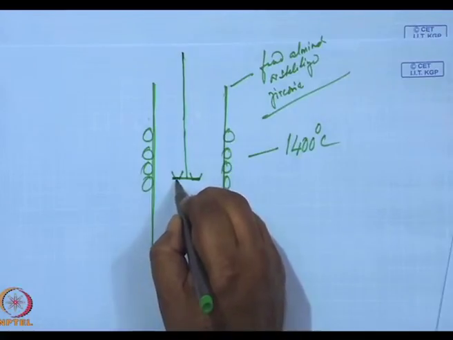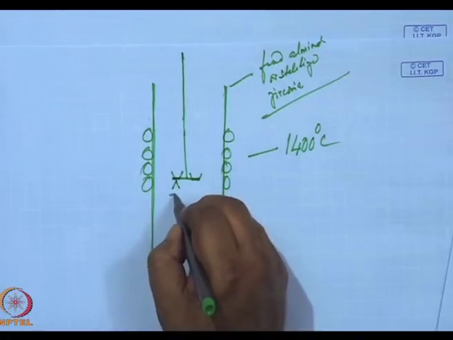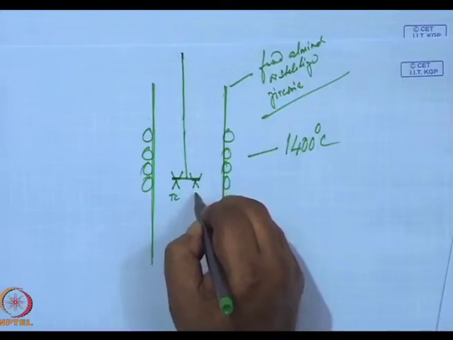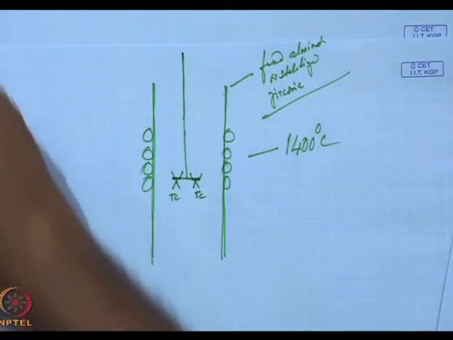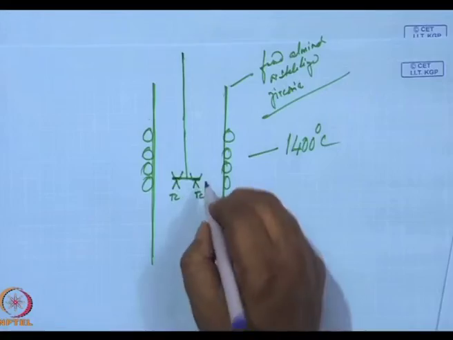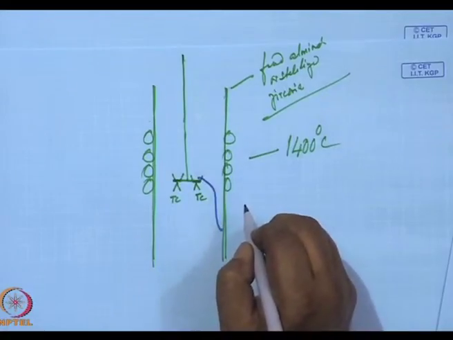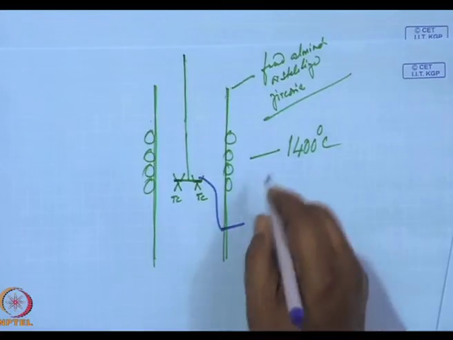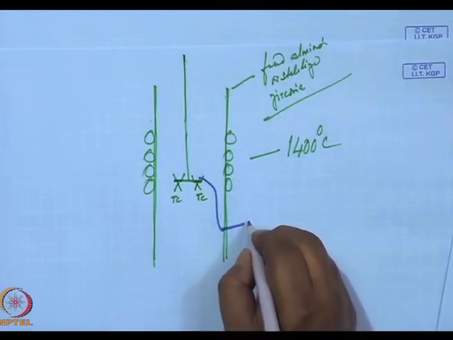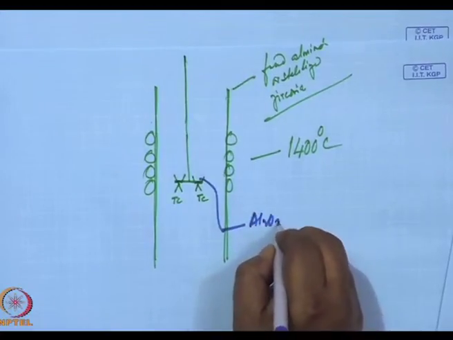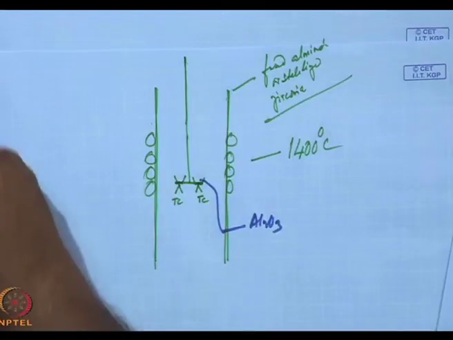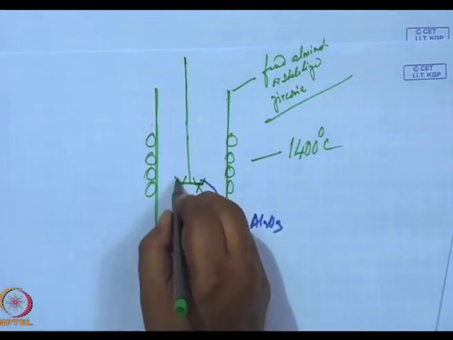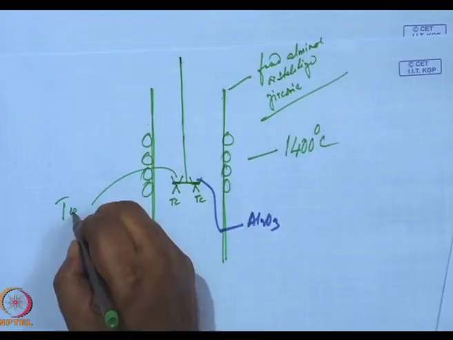Further, there is a thermocouple beneath these 2 crucibles. This crucible is filled with reference material like, say, alumina, something that does not change with temperature. This one is the test sample.